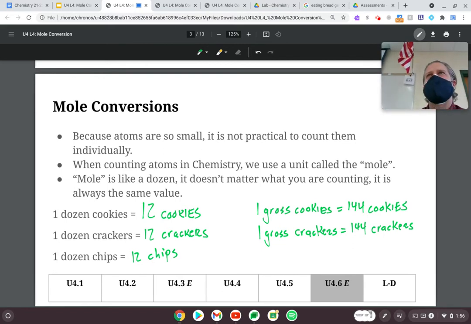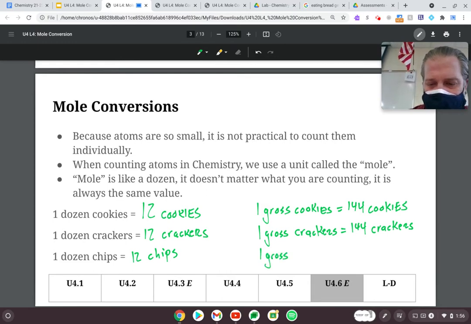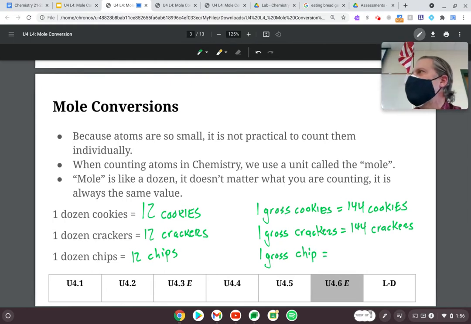Which I'm just not a big fan of crackers. Unless there's cheese on a cracker. And then if I had a gross of chips, which at my house somehow turned into chaps. I don't know how that happened.